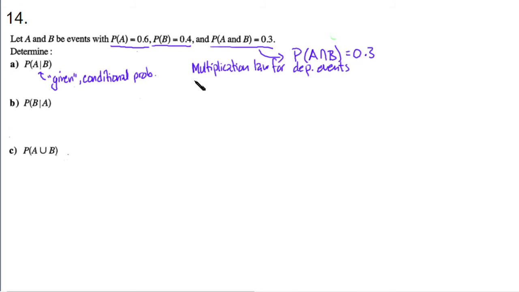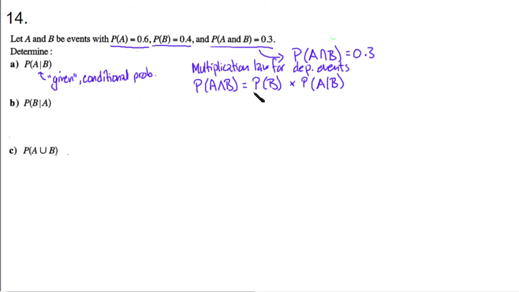And it'll be probability of A and B equals the probability of B times the probability of A given B.